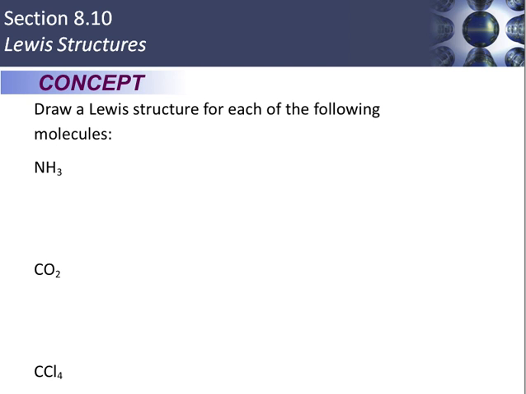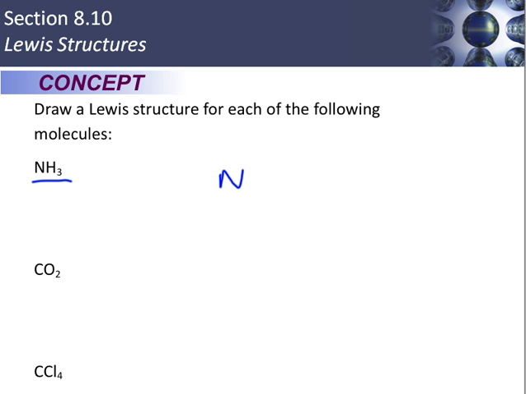But for the most part, I don't want to say we're looking for symmetry, but since we have 3 H's and 1 N in this example, the N is going to be the central atom. H can't be the central atom anyway because it only can make 1 bond and it's full, so it has to be an external atom. You always have a central atom. Don't start making lines of things unless, of course, you're dealing with an organic compound. Otherwise, pick the 1 atom that's going to go in the center.